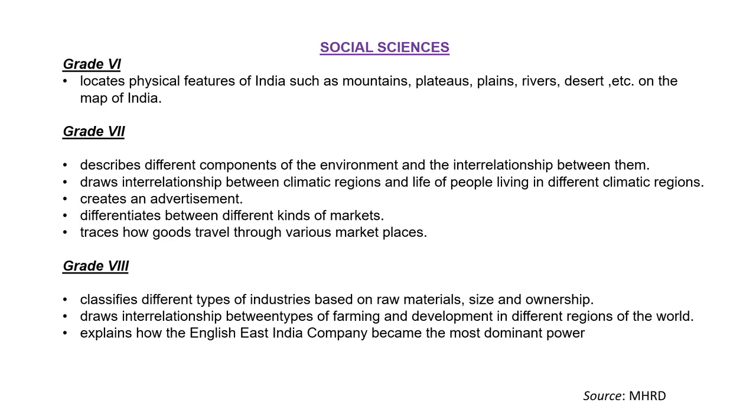Looking at different kinds of classification based on raw materials, the size and ownership of different kinds of industries. You can compare tea companies, for example, in a higher class. So there is absolutely no limit to the kind of things that teachers can do when it's actually a real life project, because very naturally you will find the links to the competencies that are given by the board.